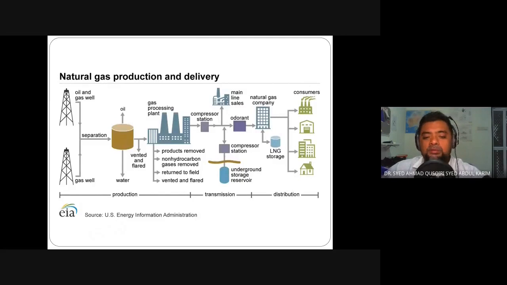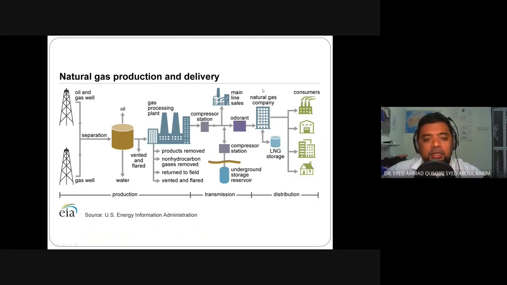So this is the process that we just described. From the oil and gas well, or from the gas well, the products are separated. Oil is produced and water vapor is ejected, and then the spare gases are vented or flared, meaning burned away, because they can't be sold to customers.